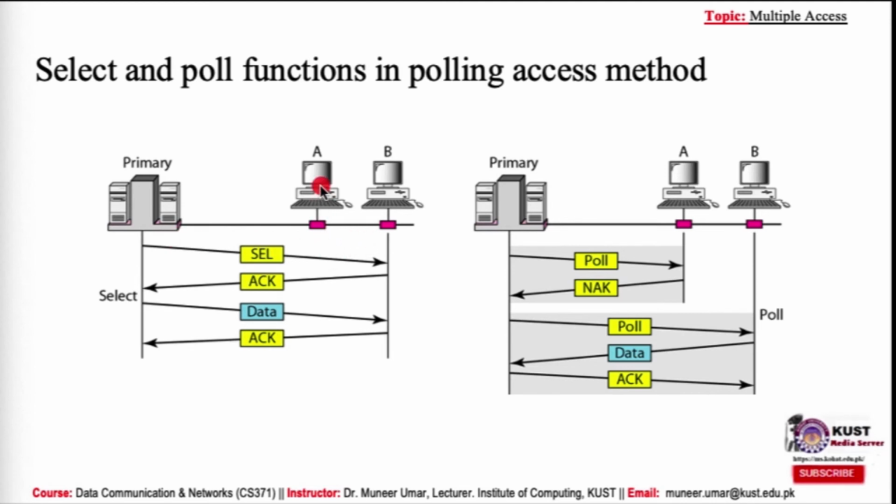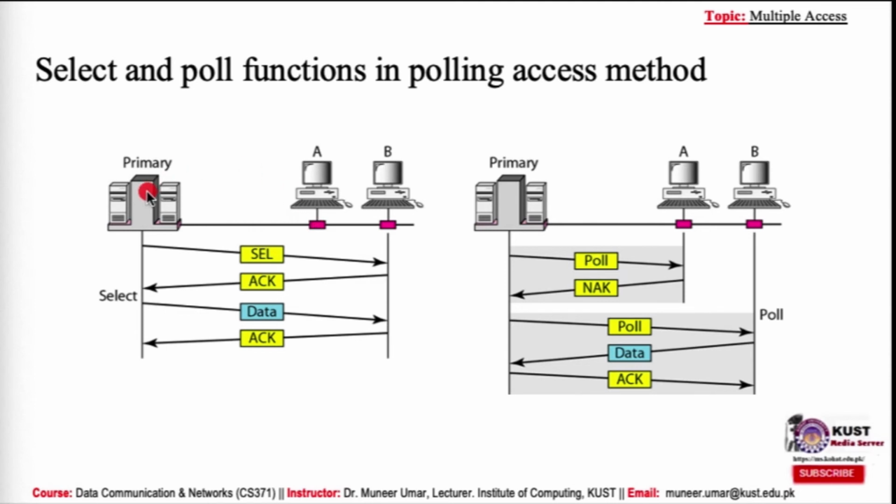If A wants to transmit some data to B, the primary device must still be involved in this transmission. The primary device controls the link. The secondary devices follow the instructions of the primary device.